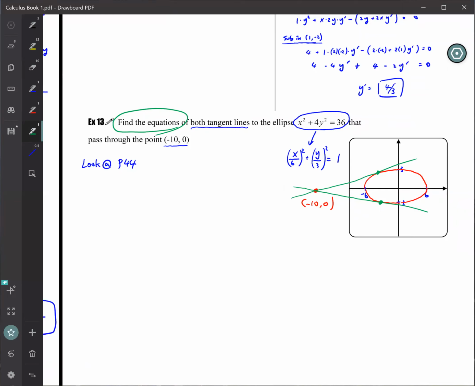Hey, Jason, can I ask you a question really quick? Yeah, go ahead. About this question. Okay, so I was like, tangent point is A, B, right? Yes. And then the slope of the tangent, implicit differentiation. I find the derivative of x squared plus 4y squared equals 36, right? Yep. And then I got 2x plus 8y times y prime equals 0.